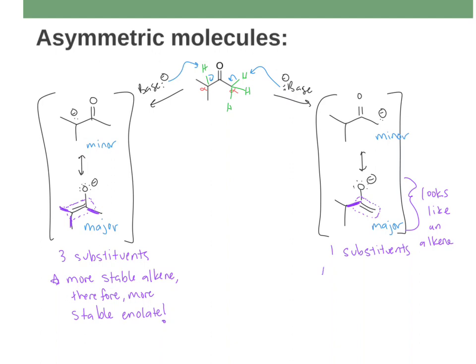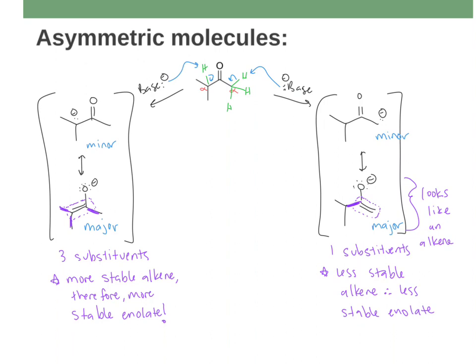This one is the less stable alkene, and therefore it's the less stable enolate. So if you have your druthers, right, if you're going to use a tiny base, it can get to either one of those, then you're going to form primarily the one on the left because it is more substituted, the more stable one.